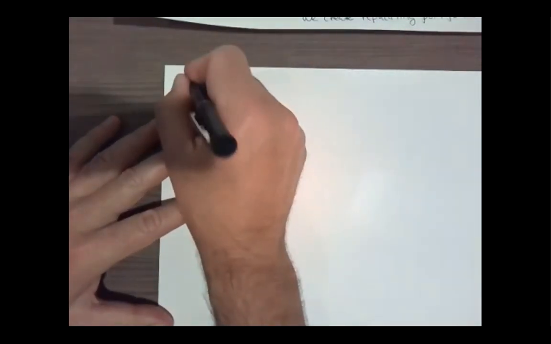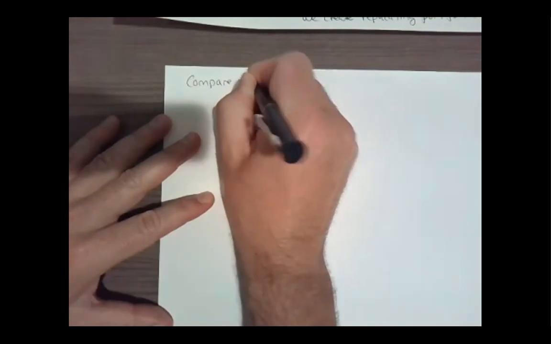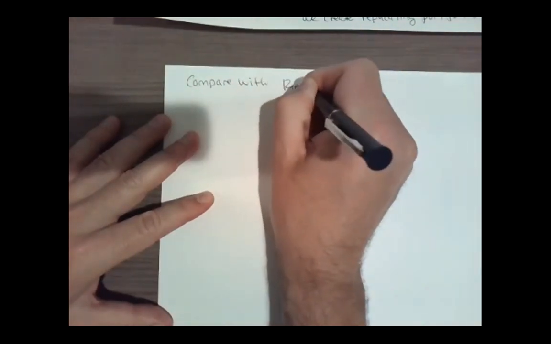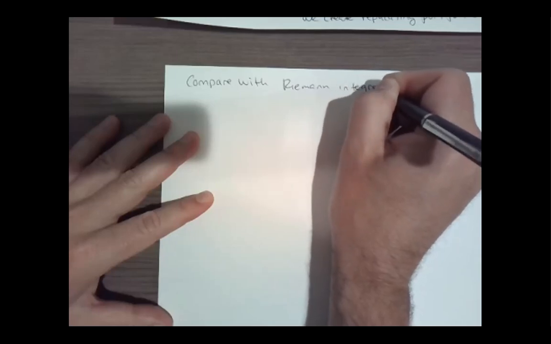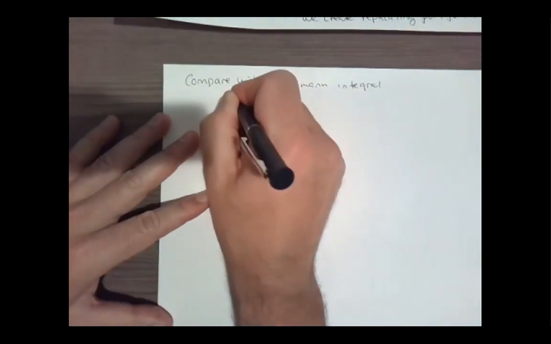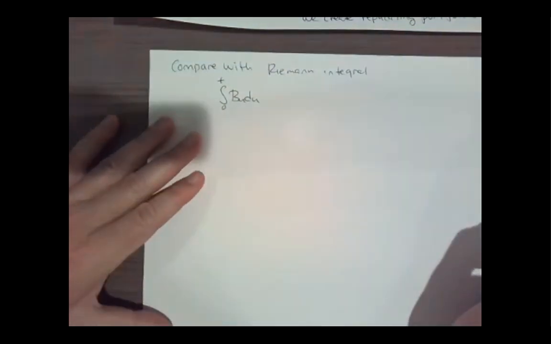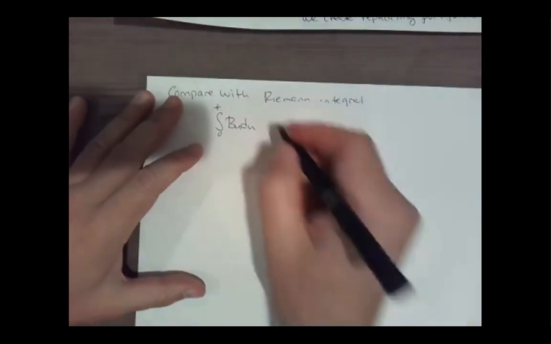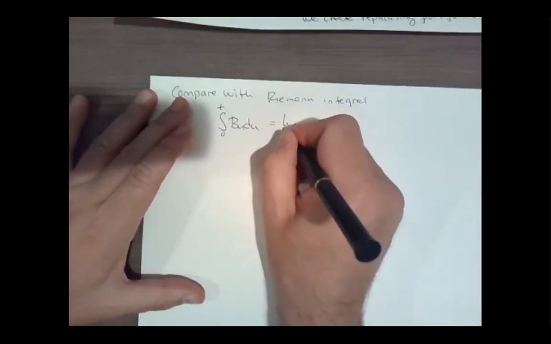Well, let's just compare with the Riemann integral. If I wanted to do the integral from 0 to t of Brownian motion with respect to time, what I will do is take this as a limit, and again we have this mesh.